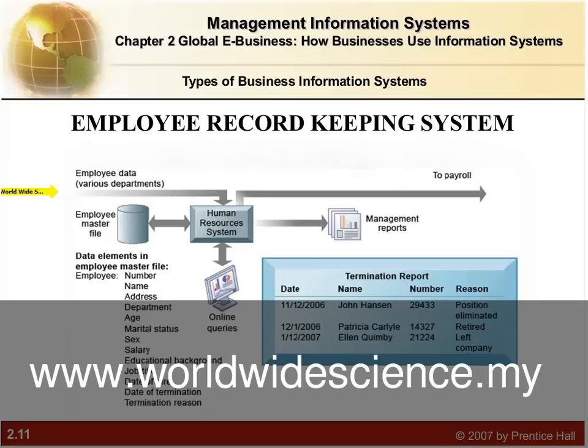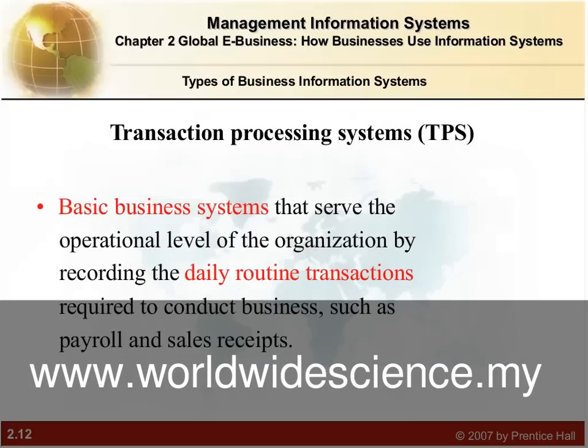So we discussed some functional systems. After functional systems, we need to consider constituency systems. As I said, these systems, TPS, MIS, DSS, and ESS, are all identified by the major part of the organization or groups they serve.